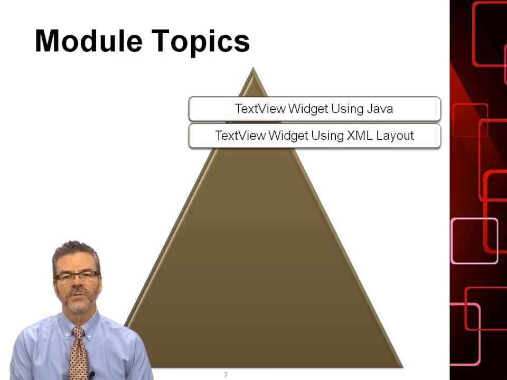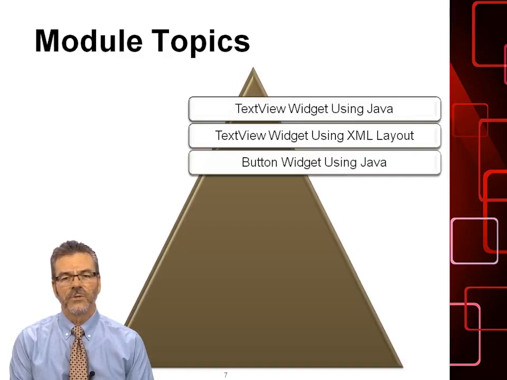But we'll also see how to do the same demo, the same way of coding, but this time use XML for layout. So think of a theme that we're going to have as we go through this course: learn how to do it in Java and also learn how to do it using XML layout.